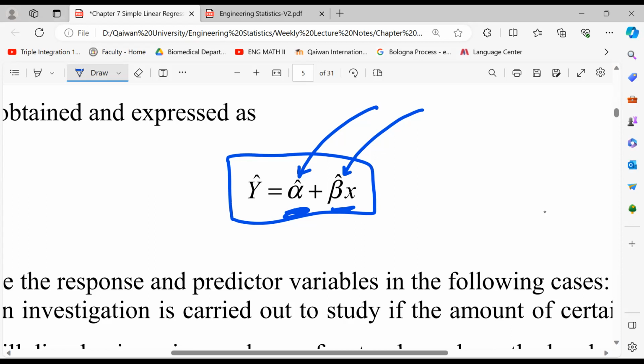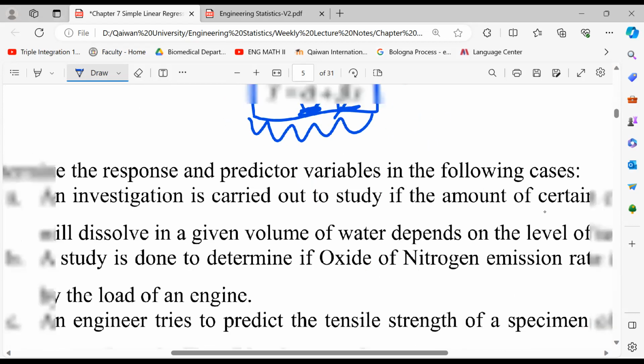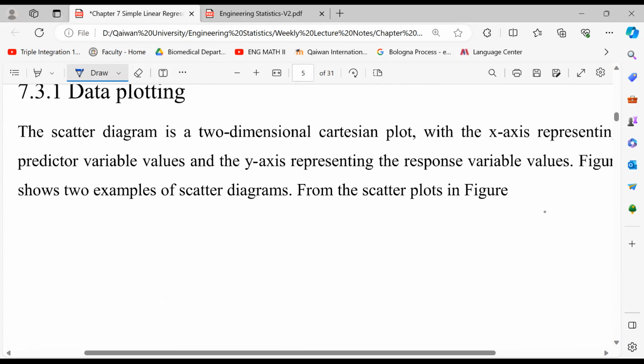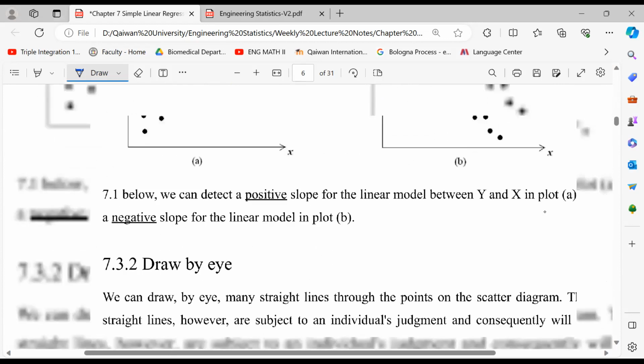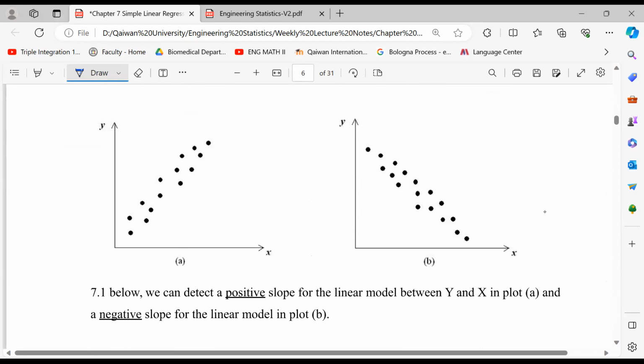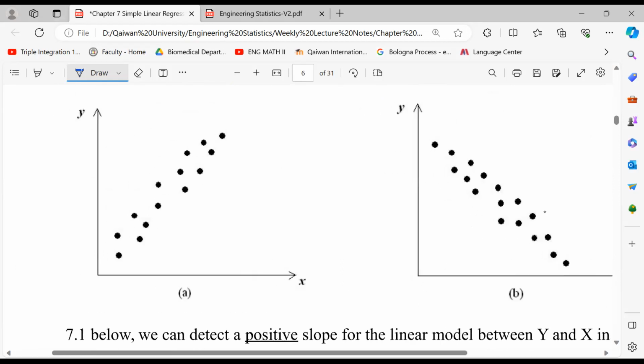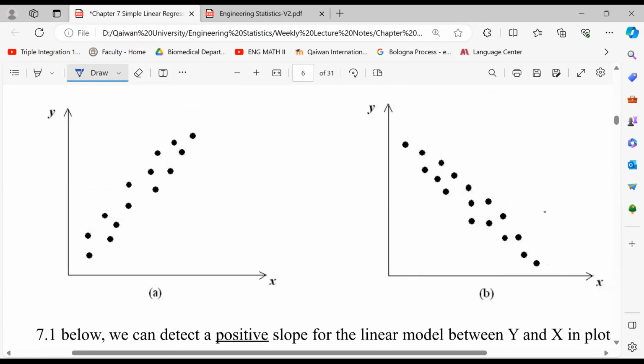Okay, first, finding the linear regression equation. The linear regression equation is Y hat equal to alpha hat plus beta hat x. Here we just need to find beta hat and alpha hat. Let's see how to find them. Look, these are the scatter diagrams of given data.